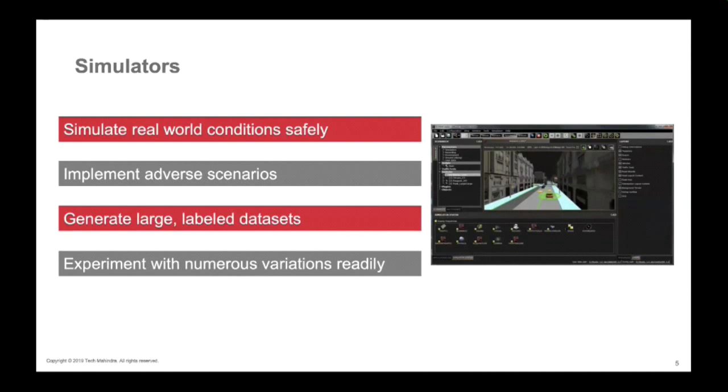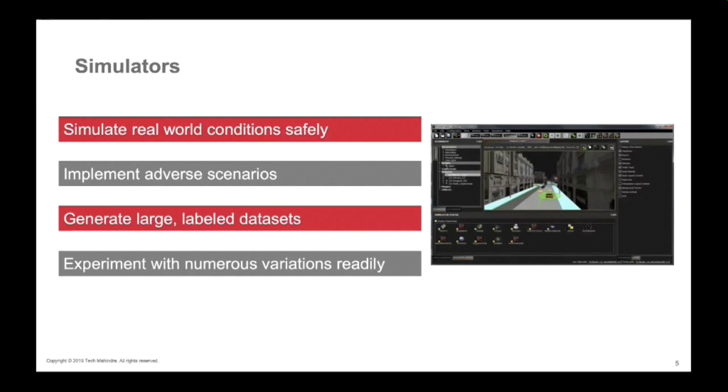You can generate very large labeled data sets, which are required in many AI and ML applications. Very often in the industry, the typical mode is to take a camera or some other sensing device and go to the real world and capture all the data you can. The problem is that tends to be very labor intensive, incredibly time consuming.